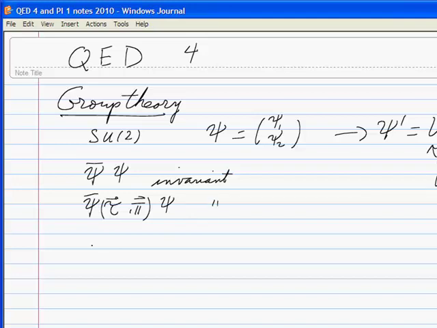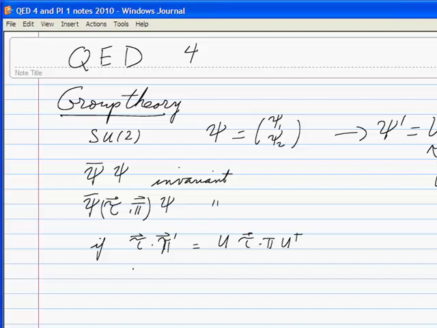This is invariant if you take tau dot pi prime, the transformed fields, to be U tau dot pi U dagger, which you can take the trace on both sides of.